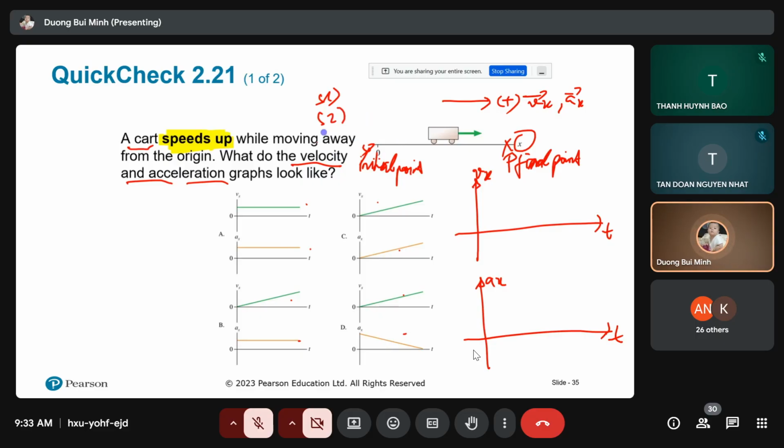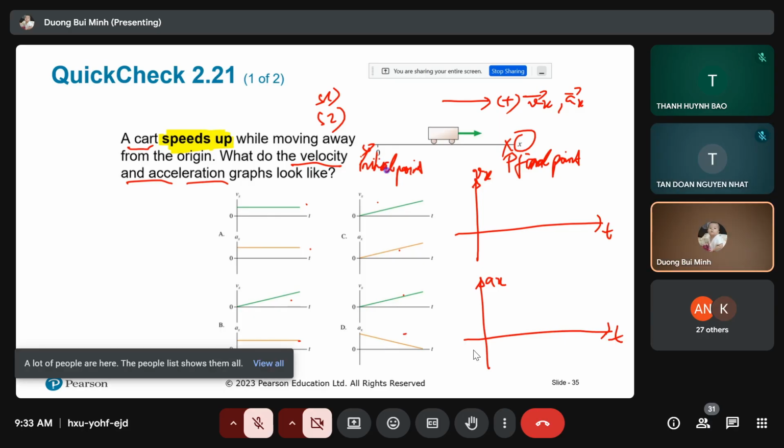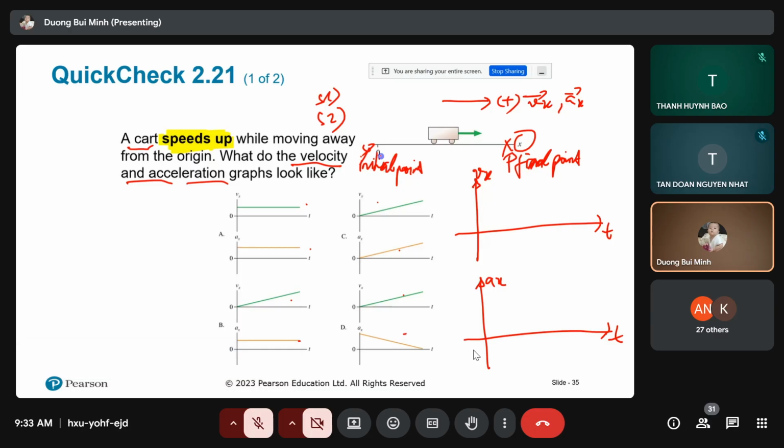The second step, we need to consider the initial point. Of course, Vx will be 0 at the beginning, right? I mean Vi is 0 at the beginning. Vf is some value. Speeding up means Vf must be higher than Vi.